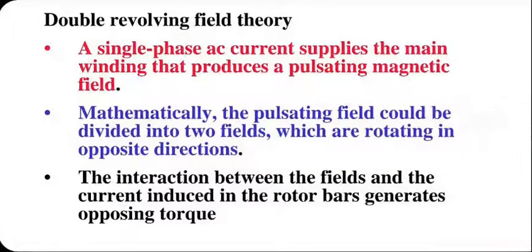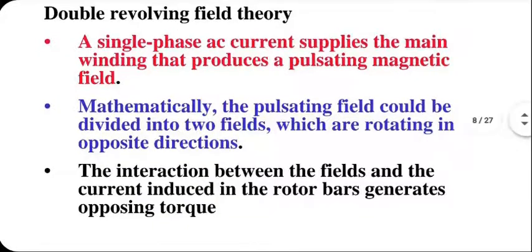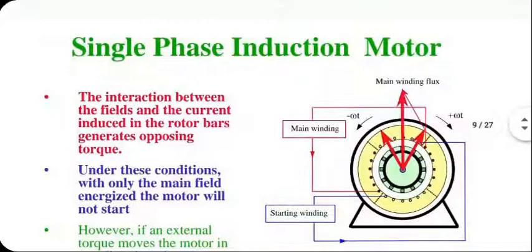This is what I was telling you. Mathematically, the pulsating field or pulsating flux can be divided into two fluxes which are rotating in opposite directions. There's a lot of theory here. We just don't want to go into that. I'm trying to be a bit superficial here.